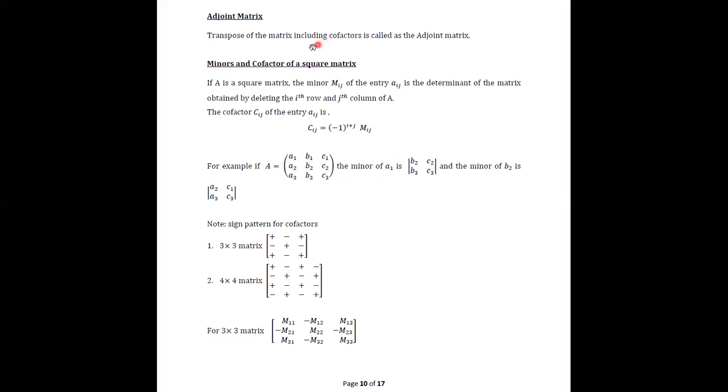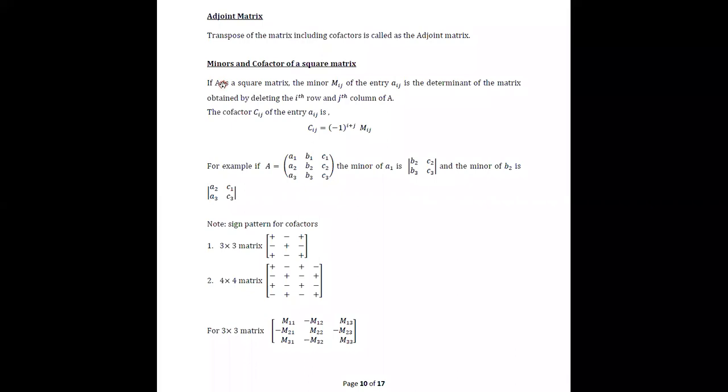When we are going to discuss cofactors, there is another important technique called obtaining minors. Suppose you are given a square matrix. We define these concepts only for square matrices; we are not interested in just any rectangular array of numbers.